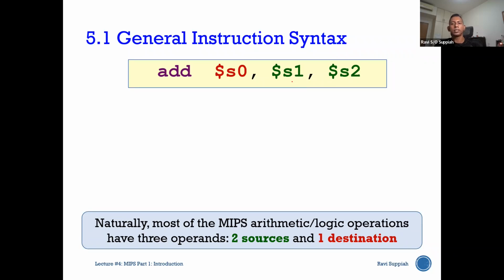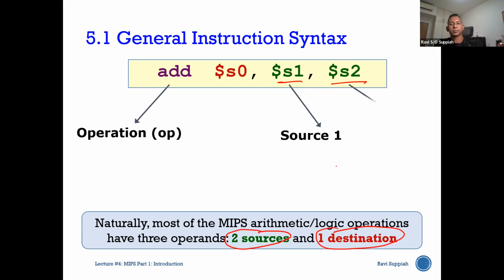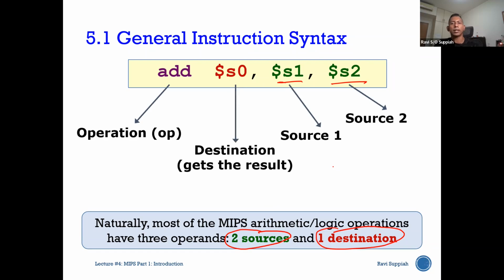Of these, 2 are source registers and 1 is the destination register. The beginning of the instruction is always the operation, what I want to do, followed by destination, source 1 and source 2.